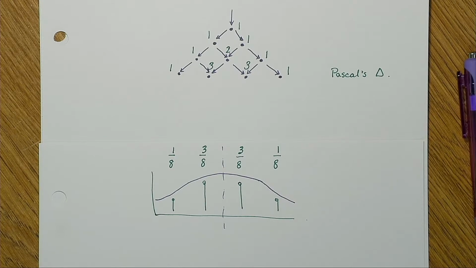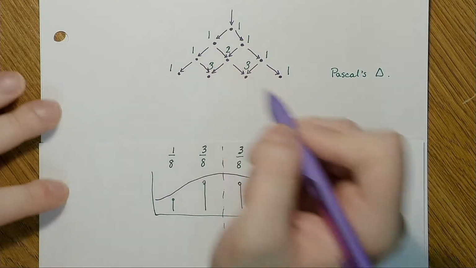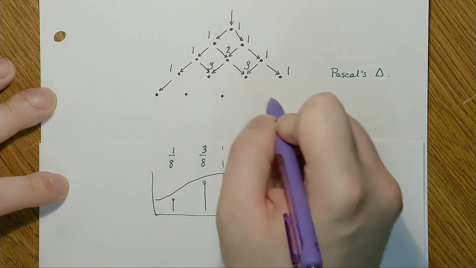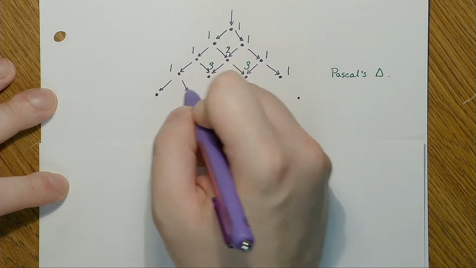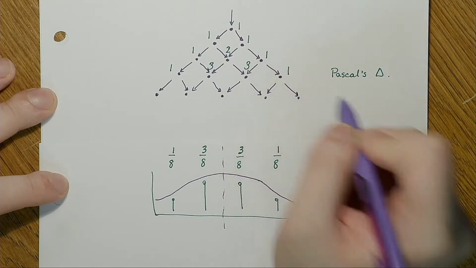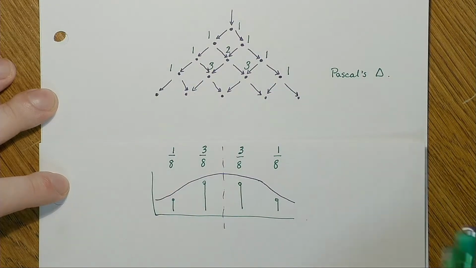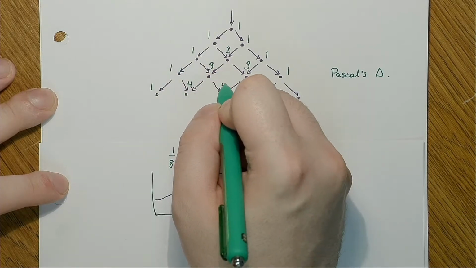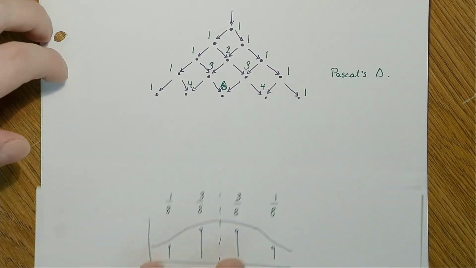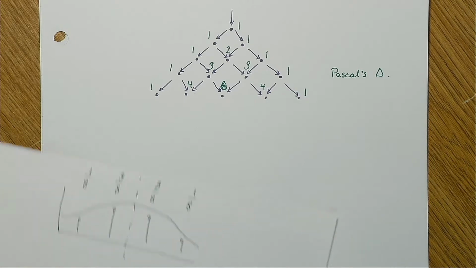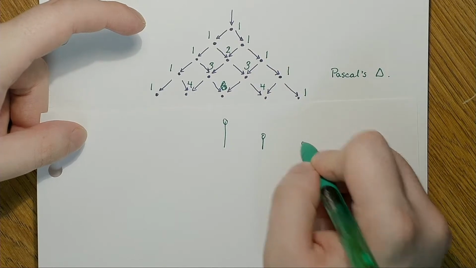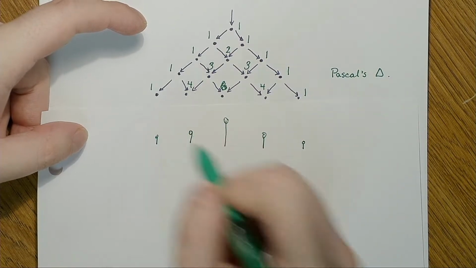Things like, in the limit, as we have infinitely many pegs, instead we'll have 6, 4, 1. So you can keep making this longer and longer, and what ends up happening is you get a more refined binomial distribution.